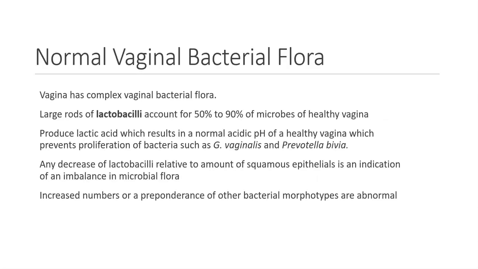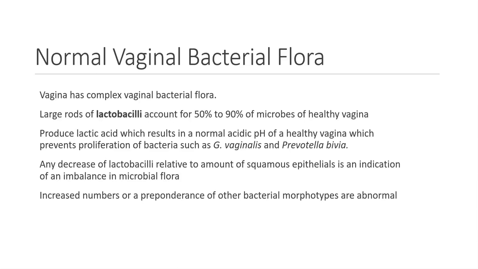Normal vaginal bacterial flora. The vagina has a complex vaginal bacterial flora. Large rods of lactobacilli account for 50 to 90% of microbes of healthy vaginas. These are expected to be present.